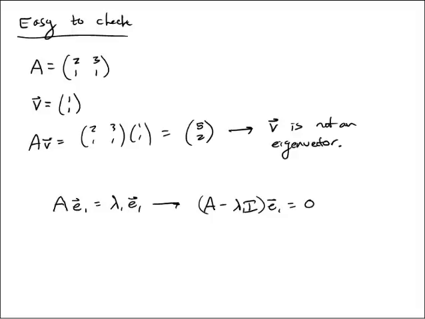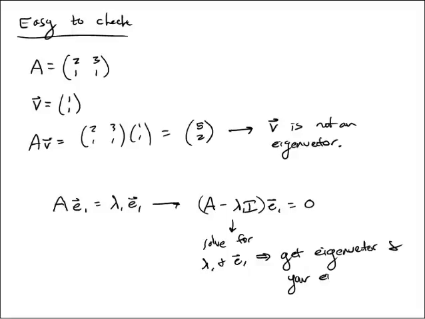And by solving this equation for lambda 1 and e1, you get your eigenvector and your eigenvalue. In fact, this equation has several solutions. Specifically, it will have at least as many solutions as the dimensionality of your vector. So if A is a 2 by 2 matrix, and it operates on two-dimensional vectors, you will have at least 2 eigenvectors.